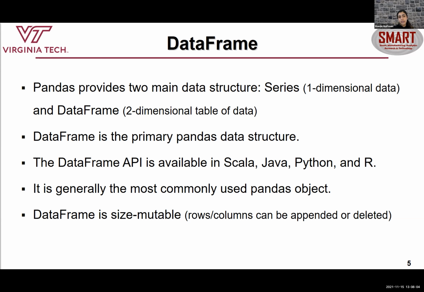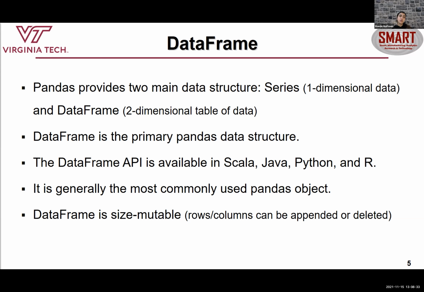It is the most used, and the DataFrame is not unique to Python. It is also available in Java and R, and you get the very same kind of functionalities in other languages too. It is generally the most commonly used one because of its ease of use.